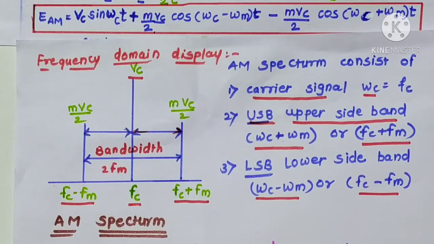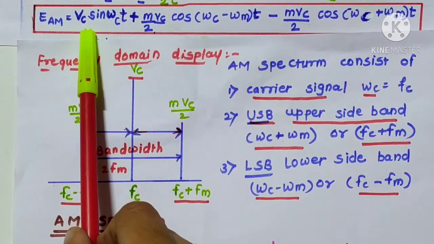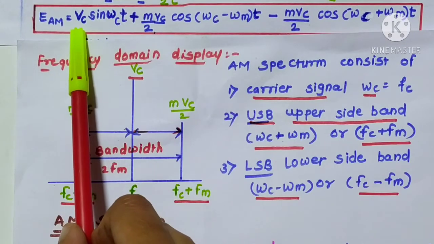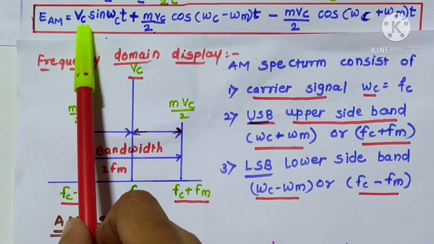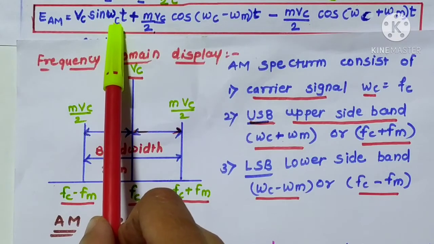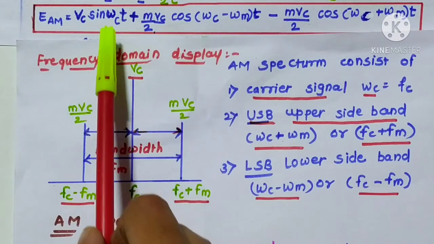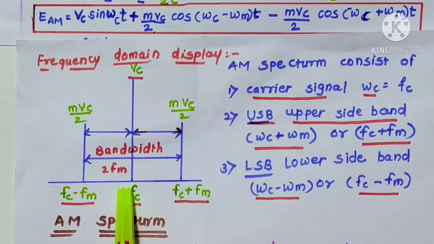The first term, the carrier signal, has amplitude Vc and frequency ω, or sometimes we write 2πf instead of ω. Here fc is written; there is no objection, you can write ω or fc. For the carrier it is fc, for the modulating signal it is fm.